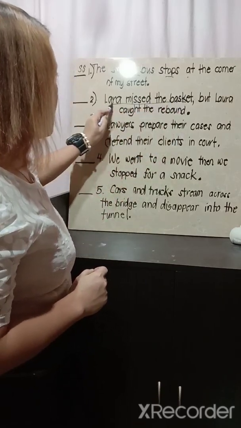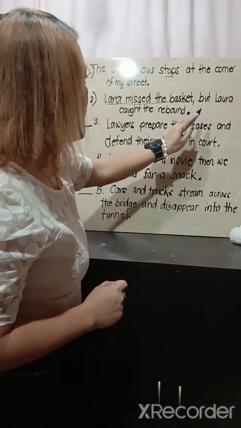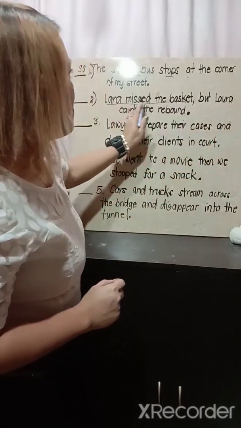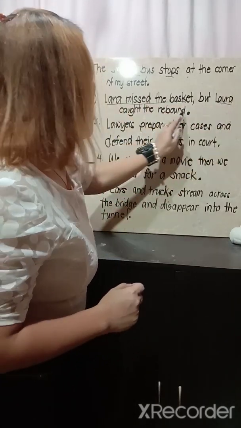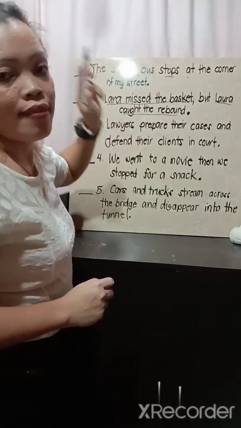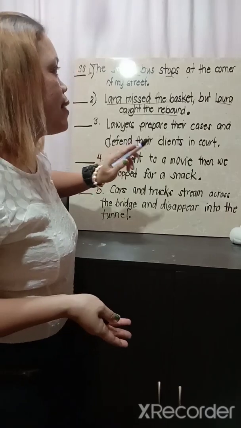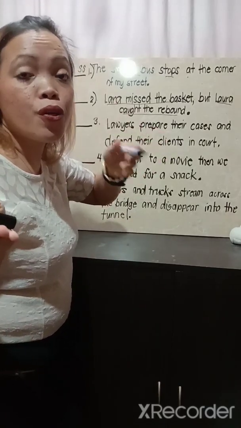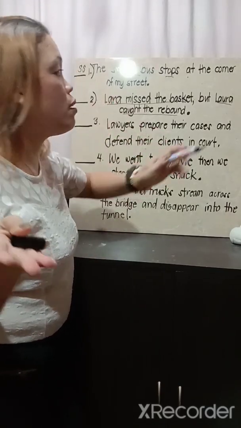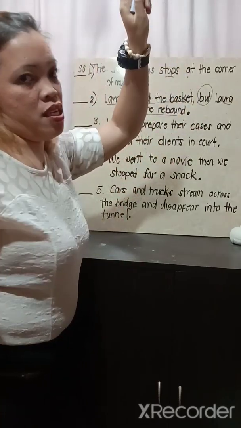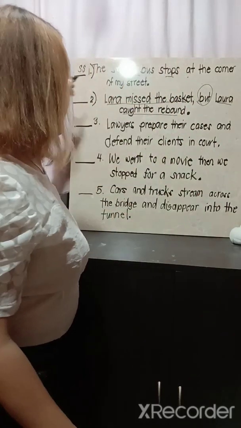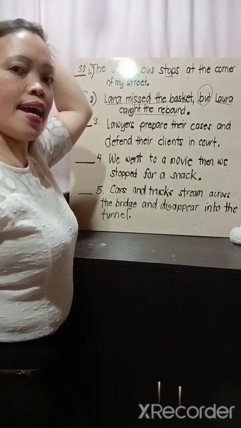Since we have 2 independent clauses, Laura missed the basket and Laura caught the rebound, that is a compound sentence, joined by the coordinating conjunction but. So, compound sentence.